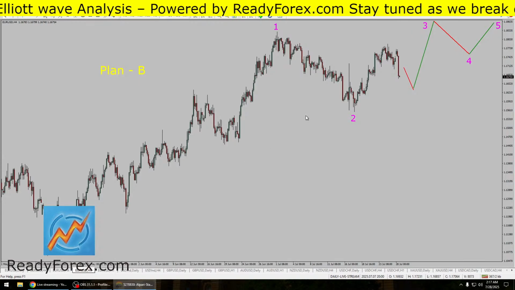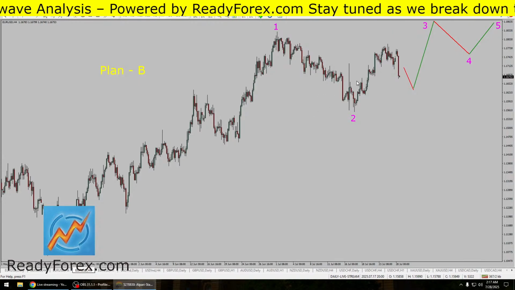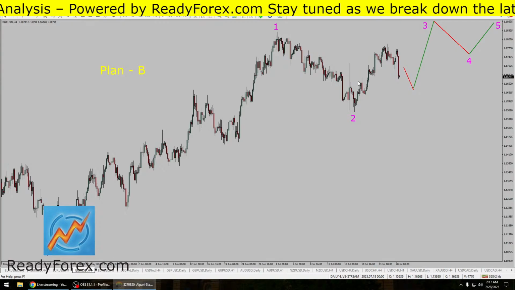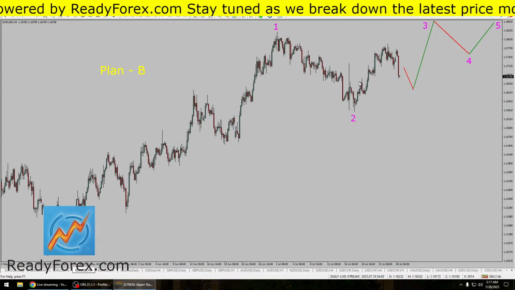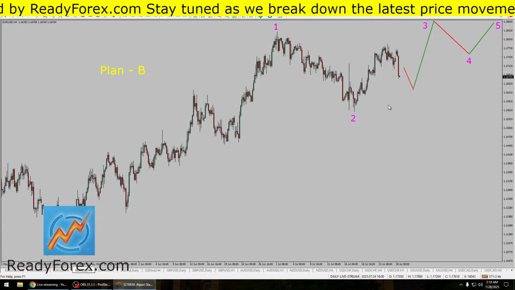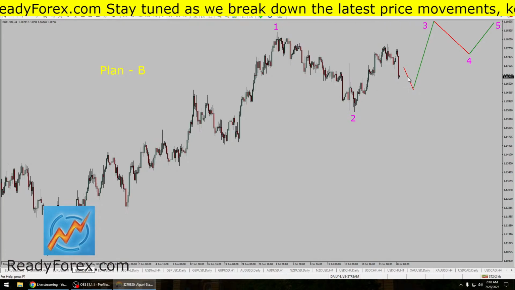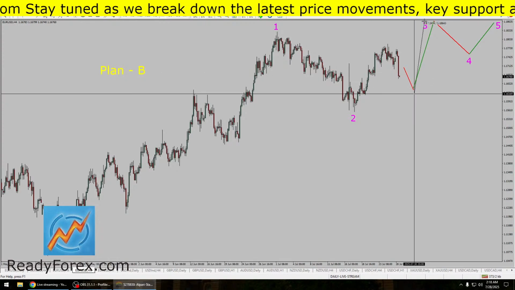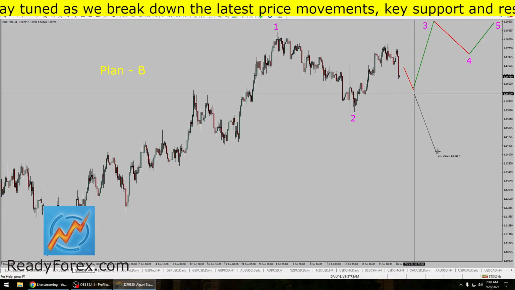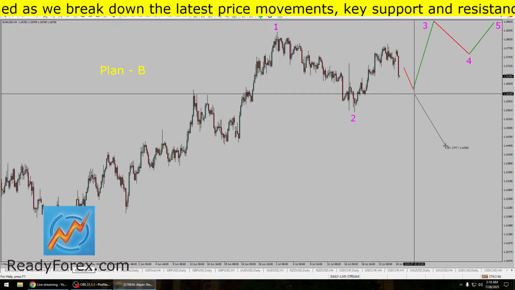As far as the wave count is concerned, this is the one wave count I have. Looks like we are getting a 1 2 3 4 5 ending diagonal scenario in euro dollar currency pair. So market is probably going to drop more, even if it's going to rise up. The second wave count suggests price action is going to print a new low.